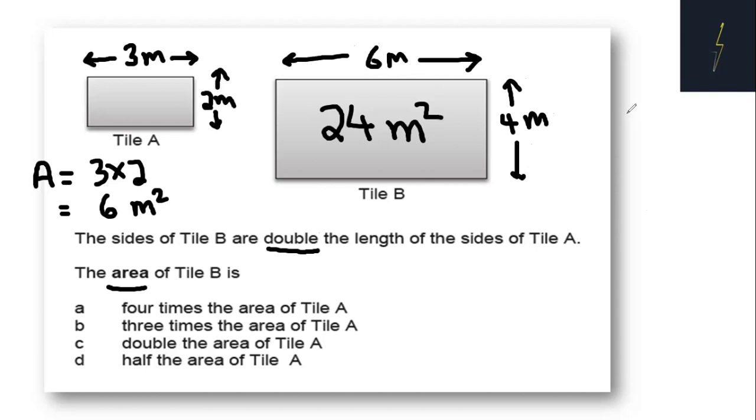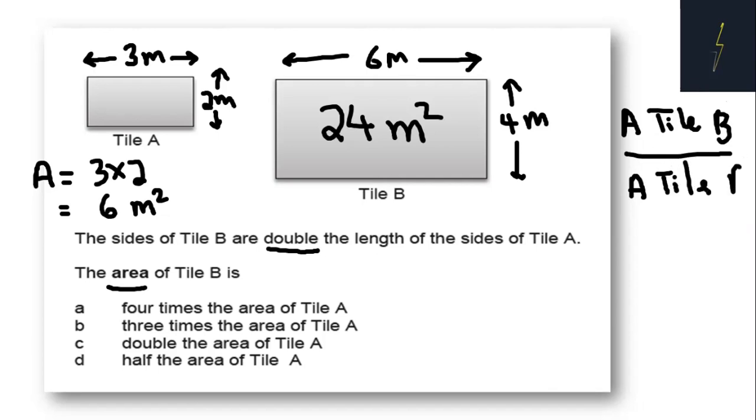And what we do is divide the area of tile B by the area of tile A. The area for tile B is what? 24, and the area for tile A is what? 6.